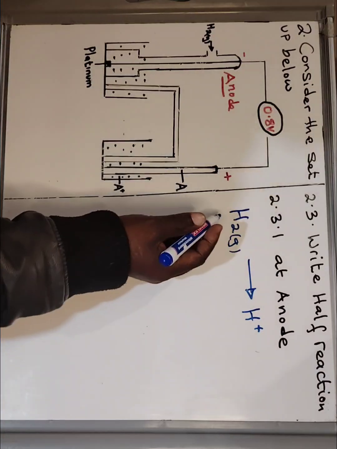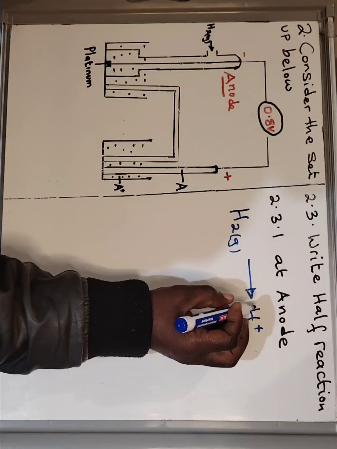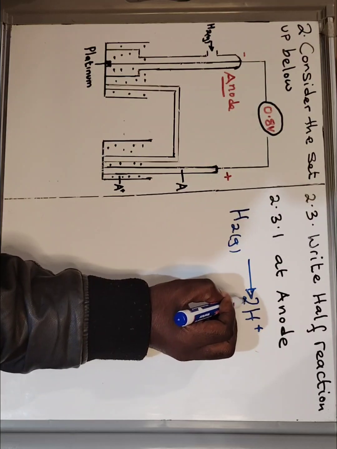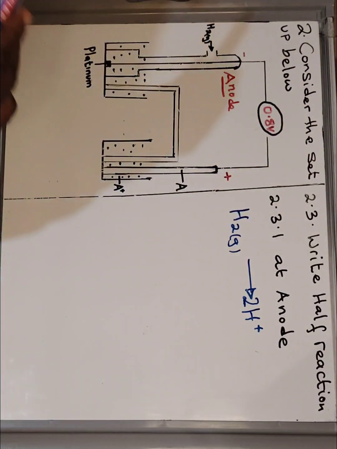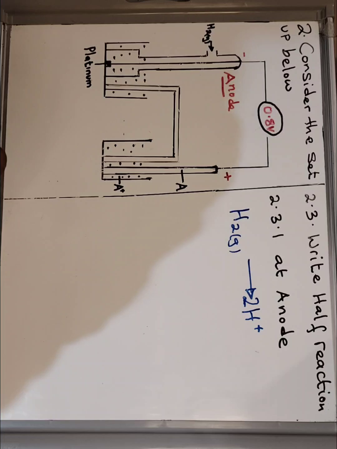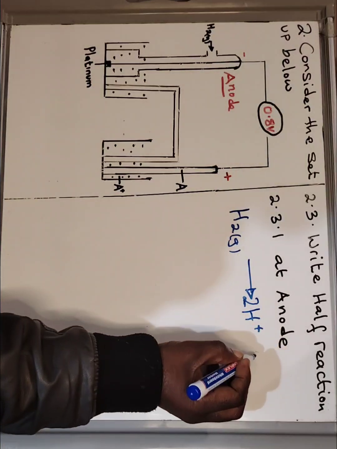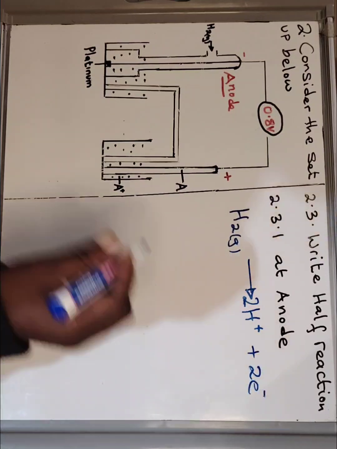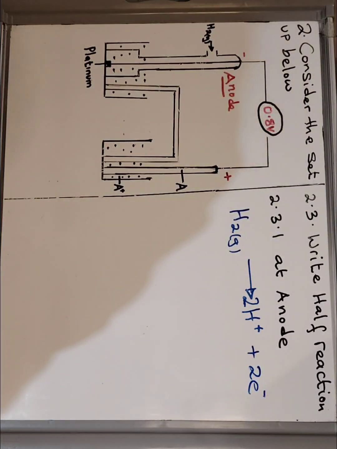So we have a 2 here and we're having 1 there. So this necessitates the putting of the 2 here. And that one also helps us to know how many electrons are involved here. So the electrons are going to be 2. What we are having here now is the reaction at anode.